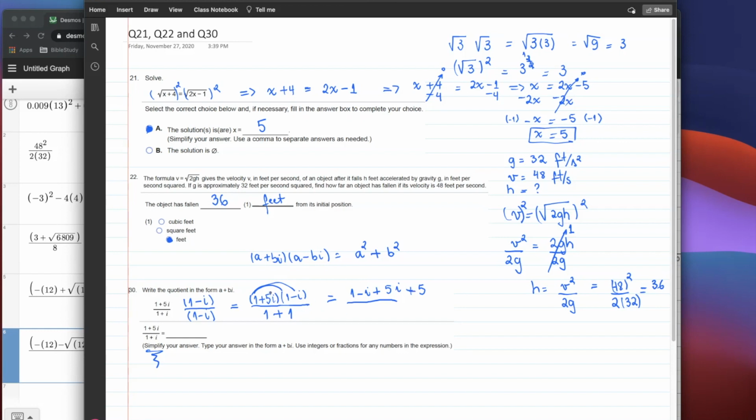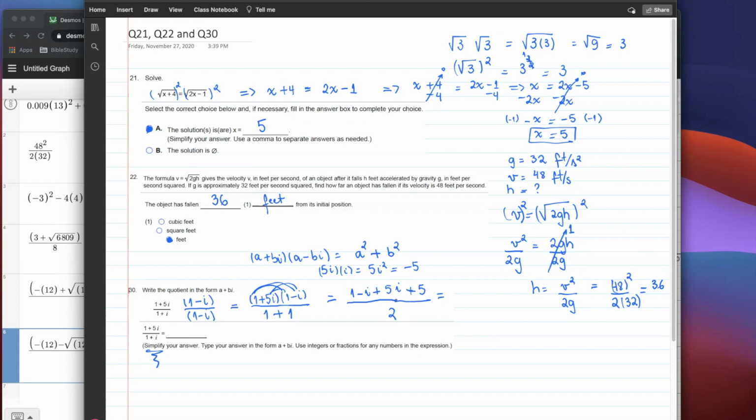The second part, I'm going to solve here on this side. 5i times i is 5i squared. i squared is negative 1, and then I have negative 5. This multiplication is negative 5, but I have a negative on the outside. Two negatives make a positive, then it becomes 5. And your denominator is still 2.